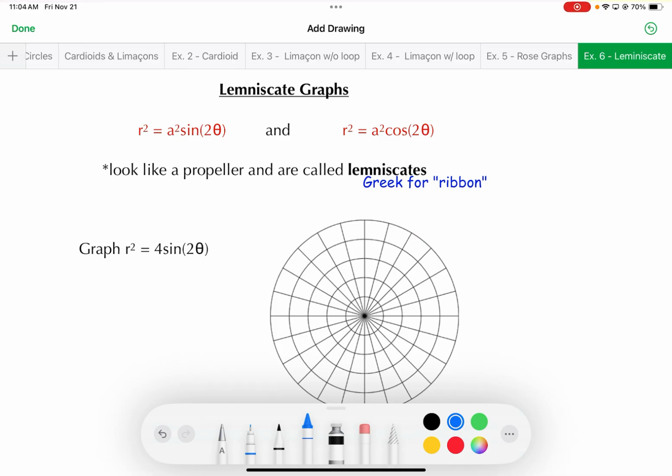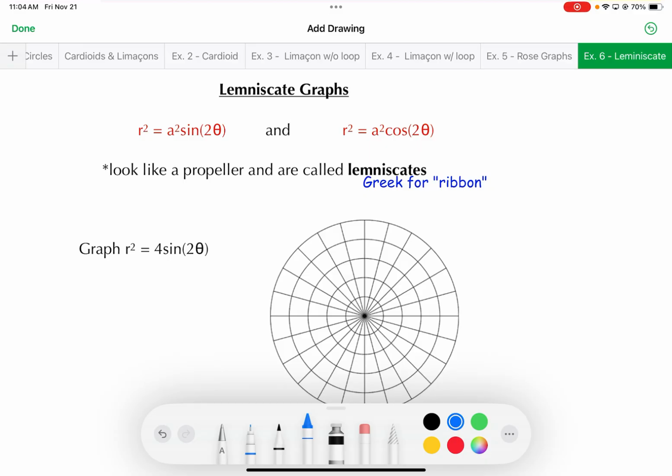All right, and look at the makeup of the equation. r squared equals a squared sine 2 theta, or r squared equals a squared cosine 2 theta. So these are the only ones where r is being squared. These are going to graph to look like propellers. They're loosely related to a rose graph, where in a sense it has 2 petals.